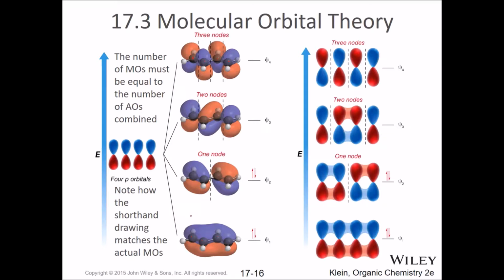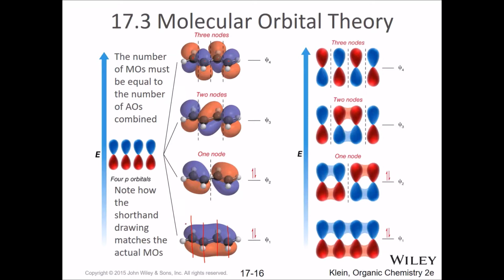And there's an unhybridized p orbital on this axis, and another unhybridized p orbital on that axis, and another, and another. They're depicted over here a little more realistically by the volumes that the electrons are likely to reside in.